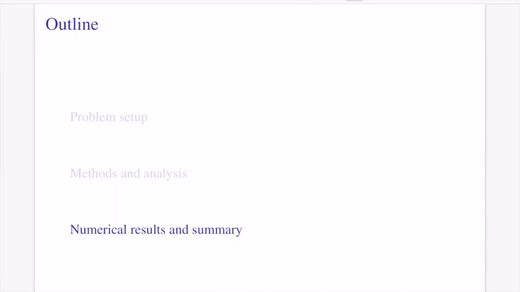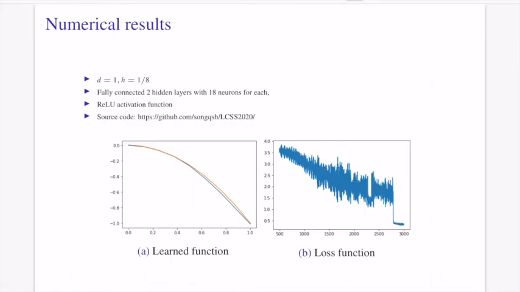All right, the last part. We can quickly go over a one-dimensional example. For the one-dimensional domain, which is a unit line, we use 8 equally distributed meshes, and we use 2 hidden layers, 18 neurons and the ReLU activation function to define the neural network.